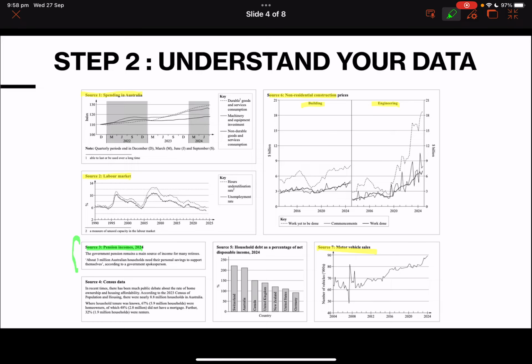Government pension is a source of income. That won't change with any change to monetary policy. They'll still get their pension. Census data, okay, home ownership. And also people who are renting, down the bottom there. We're going to see people who are renting come into play in this one. We then can also see, and a lot of you picked up on this, that we have quite high levels of household debt here in Australia.